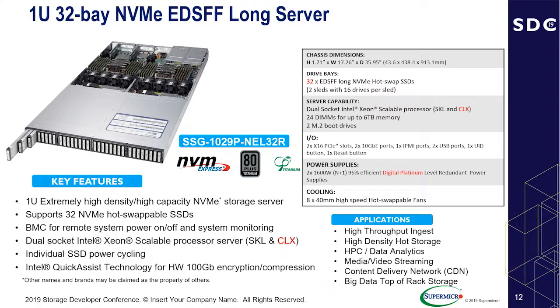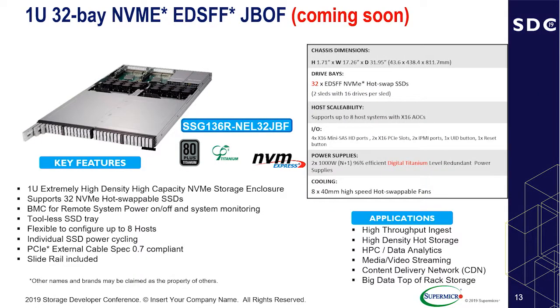Love this product. Likewise, when I designed the U.2 version, I actually first made a JBOF out of it. I can take that exact same board that I used in the server, put it in my JBOF, and now I've got a JBOF of this. So what's the difference between a server and a JBOF? Well, one of the big things is it doesn't have any processors or any memory, so the expense of the processor and memory is gone.